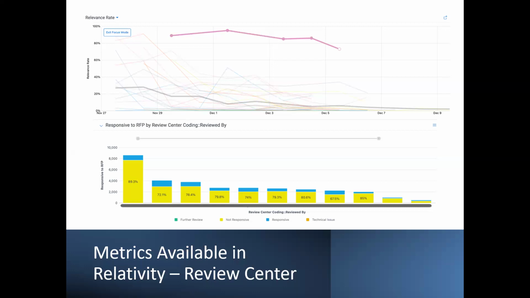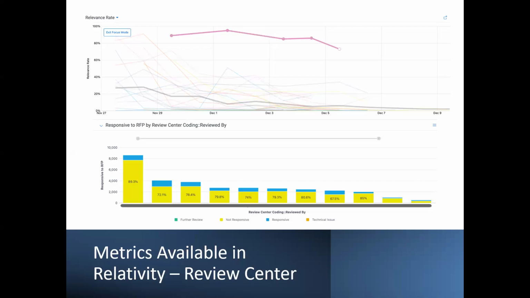Overall, that reviewer was above the mark in every way possible for review responsiveness. And so that is something that you would want to train, check in with. And ultimately, if the reviewer is not able to correct to be in line with the team, to be in line with the responsive rates, then sometimes you might need to have a conversation or find them a new project that's better suited for them.